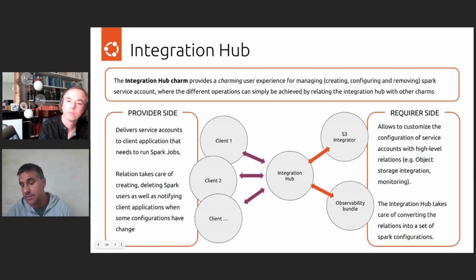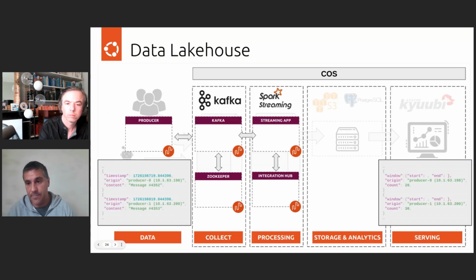For instance, by just integrating with S3 or an observability bundle, we can generate all the configuration needed to have these functionalities. On the other side, we can relate the integration hub to a client application to configure the service account for those client applications with basically no requirement to put in all the commands as we did before. Everything will be done using Juju by just relating components.